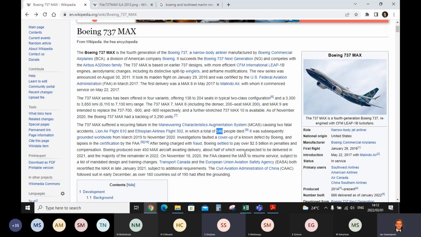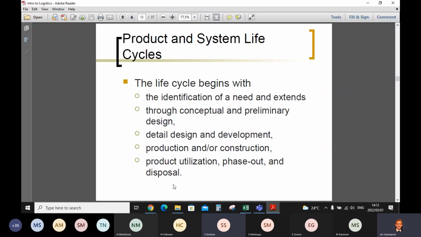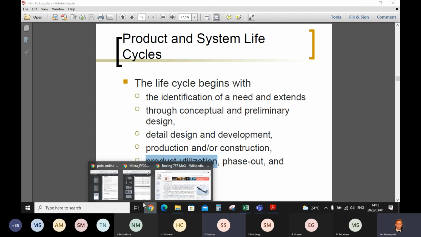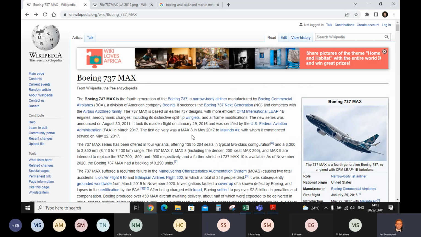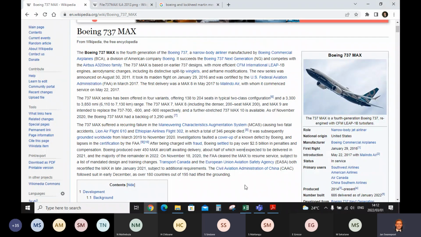346 people died because Boeing, as part of their life cycle design, product utilization phase, said that the pilots didn't need new training in order to gain market share for this new aircraft. And when talking to the design engineers of this aircraft, they had minutes which came up in reviews after why these aircraft crashed.